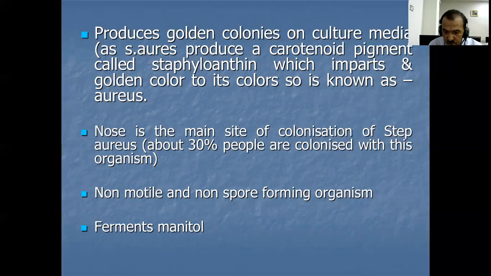So bacilli decided to get married, but the cocci refused to get married. So they decided to run away. Their parents were not happy, but the cocci refused because they were without flagella, non-motile, so they can't run, so they refuse to get married. So gram-positive cocci or gram-negative cocci, all are non-motile organisms.